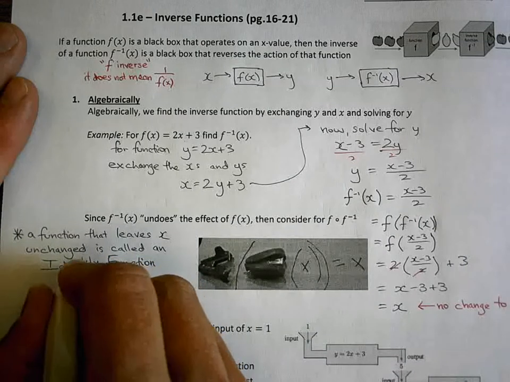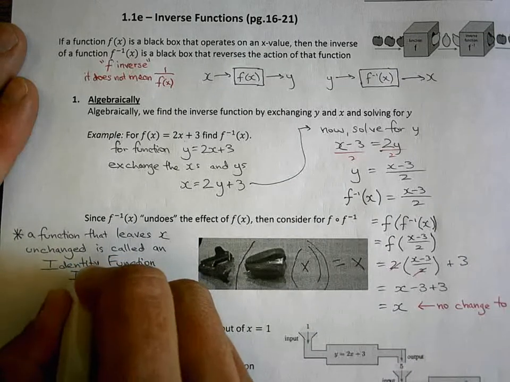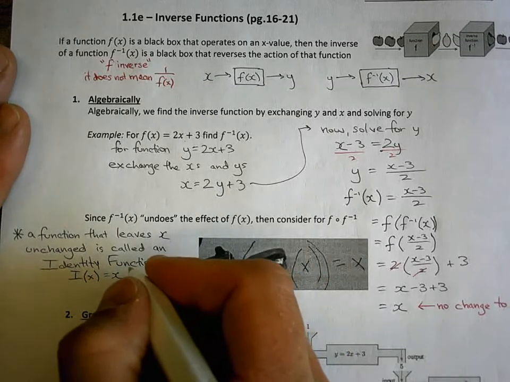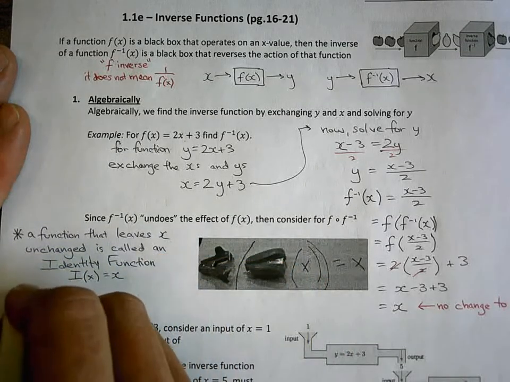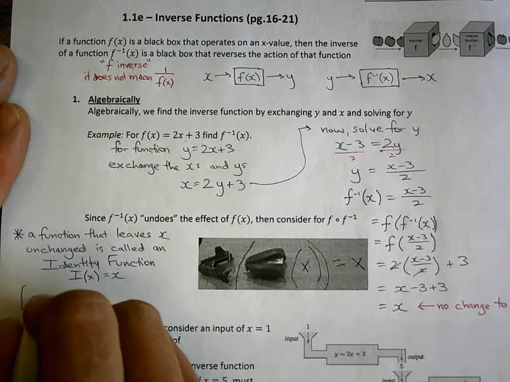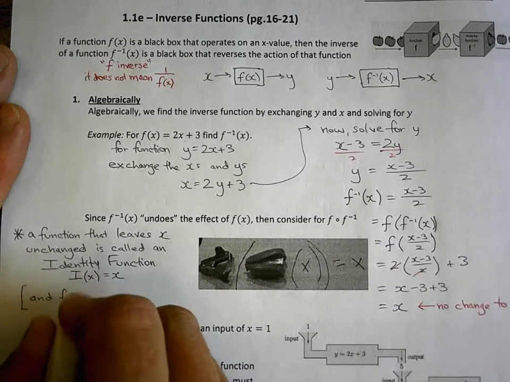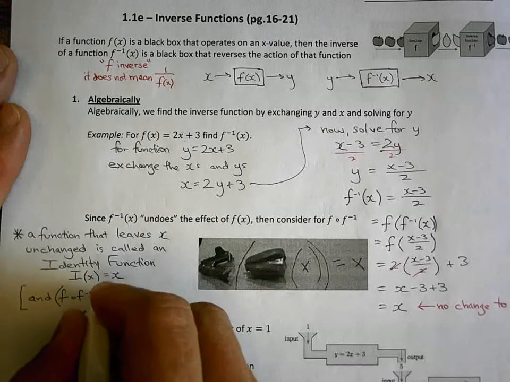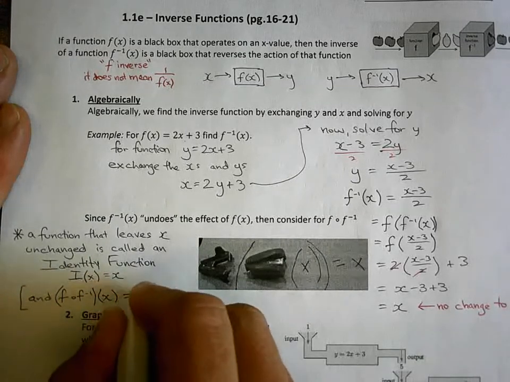In other words, I at x is equal to x. And f composite f inverse is an identity function.